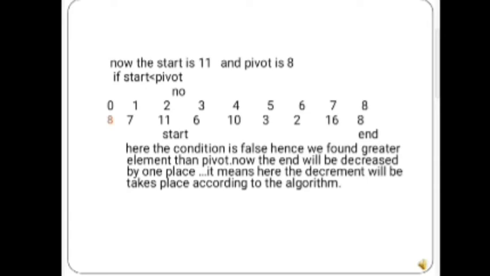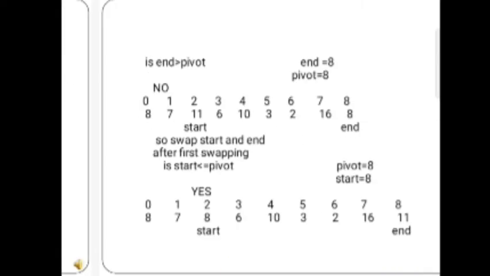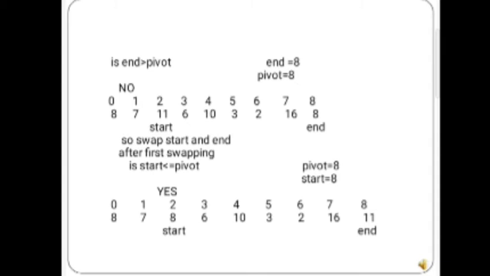So the start is at 11 and end is at 8. Then coming to the next case, if end is greater than pivot: here end is 8, pivot is 8, so end is not greater than pivot, so the condition is false.